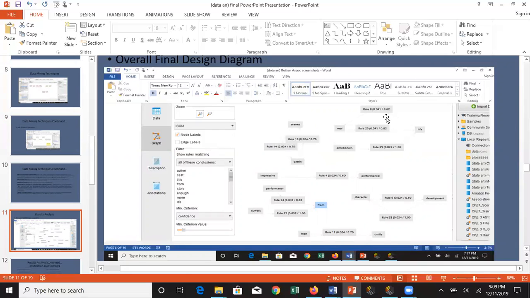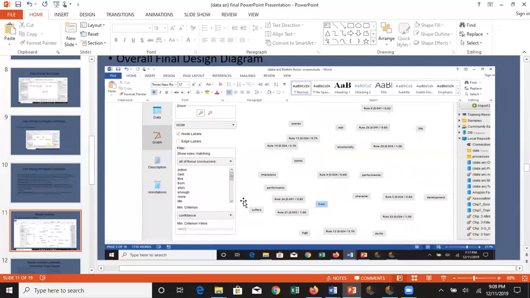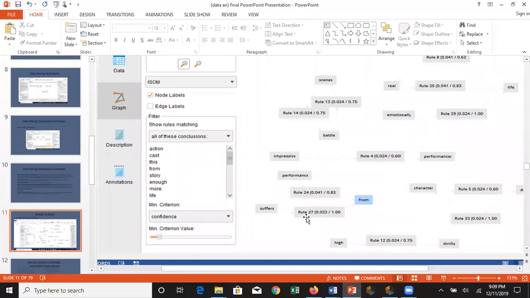These had 0.62, 1.0 confidence association, and then you had things like impressive performance, but you also had things like suffer from performance. So this might lead me to deduce or extrapolate that maybe some movies or TV shows that focus more on action might suffer a bit from the performance, but we can't tell for certain.